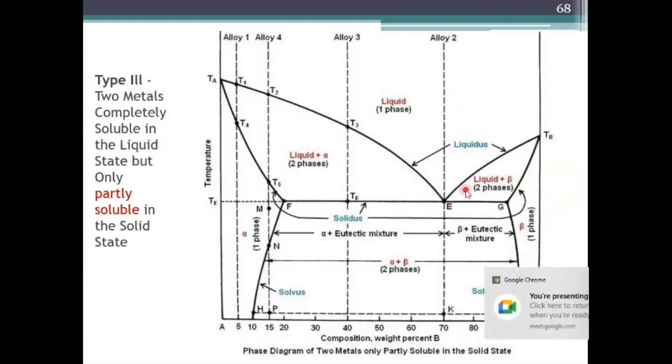So that alloy 2 will be meeting at the point E, and both the temperature transition region and the solidus line will be intersecting at the point E.